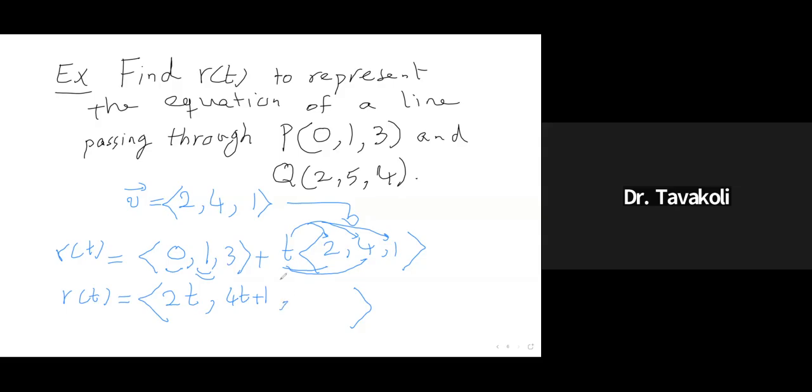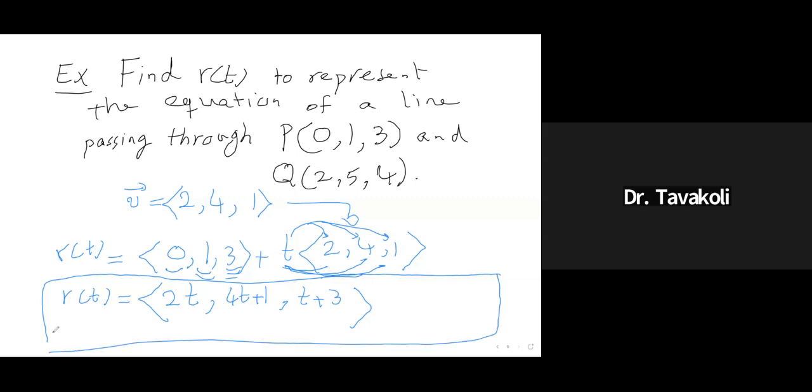And 3 plus t times 1, or t plus 3. In fact, this is the vector valued function, which represents the equation of the line, or in fact, it represents the line which connects these 2 points.